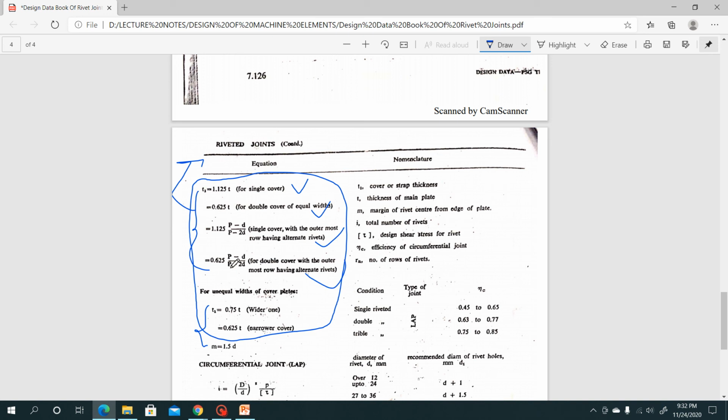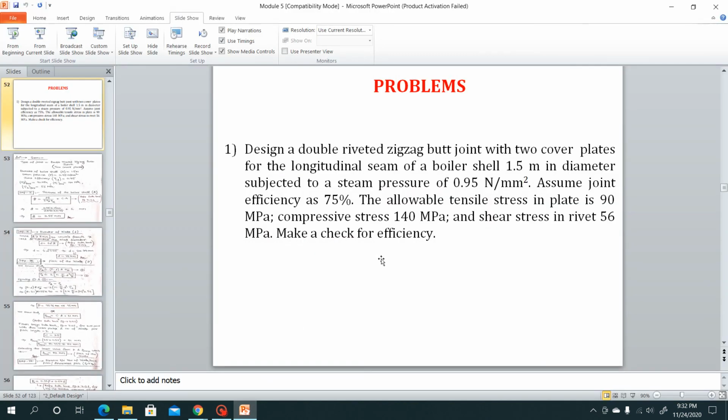Again, these equations depend upon the type of cover, whether it is a single cover or a double cover. For that, again, we have to read our problem. It is a double cover plate.